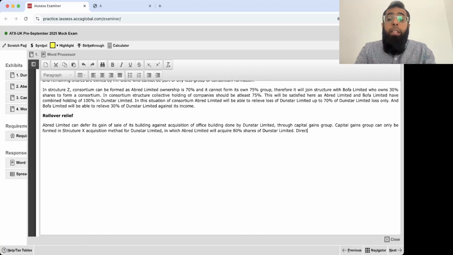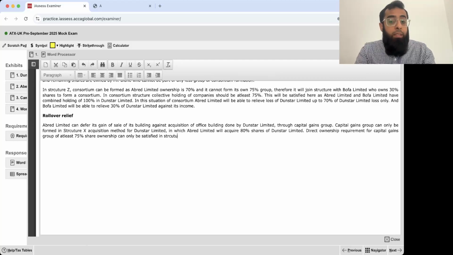The direct ownership requirement for a capital gains group of at least 75% share ownership can only be satisfied in structure X, as in the other two structures, Abrid Limited will have 65% and 70% shares.